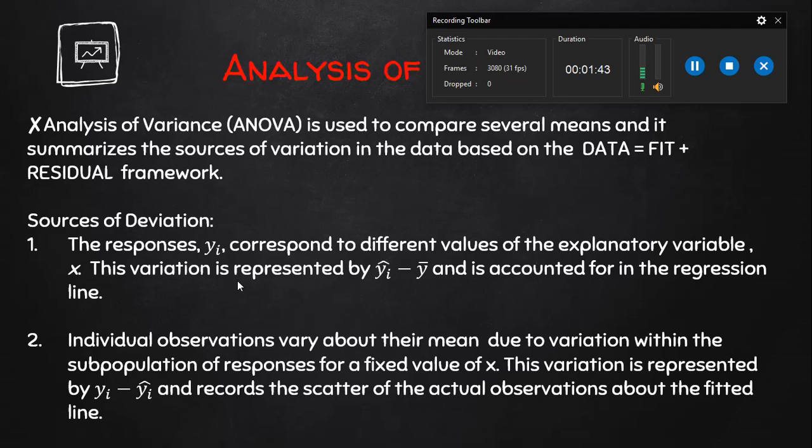So because each subpopulation records its value for Y, there could be variation about the least squares regression line due to the individual observation. So when you look at the scatter of the observed data and us being able to fit the line to it, we know that we have variation, points above and below our line of best fit.